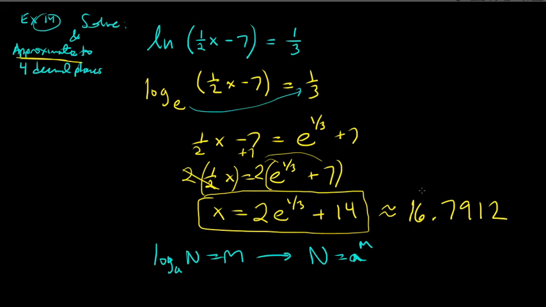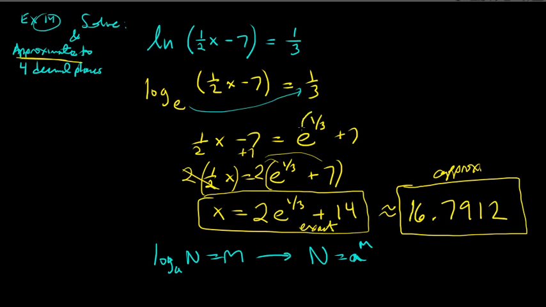Yep, 4 decimal places. Okay, so again, this is the approximate answer. This is the exact answer. But to get the correct approximate answer, you need the exact answer in most cases. Unless you approximated this right away, but then all you're going to get is the approximate answer. In this case, we really want both, the exact and the approximate.